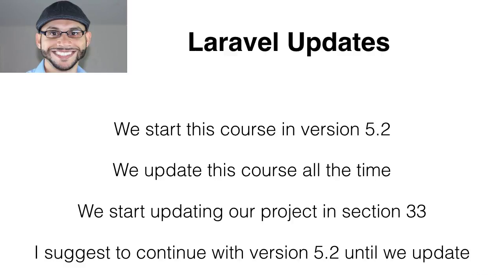Look for the keywords Laravel update, or look for the keywords of your version. So if you are starting the course and your current Laravel version is 5.7, look for that keyword, like 5.6, with Command F or Control F in your browser, and it will jump you to that specific section. All right.